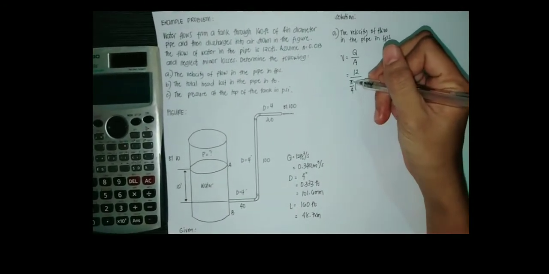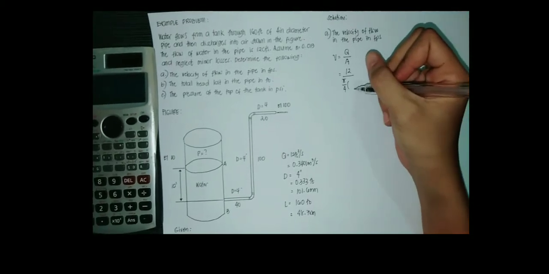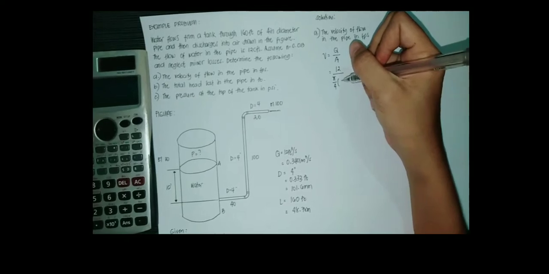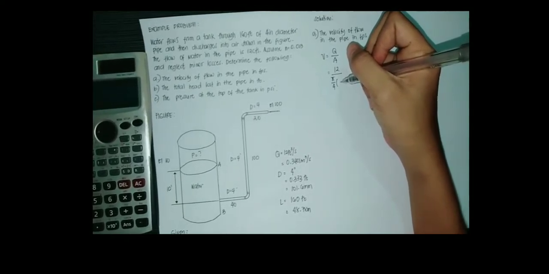Okay, back here: pi over 4 times the diameter squared of this object.